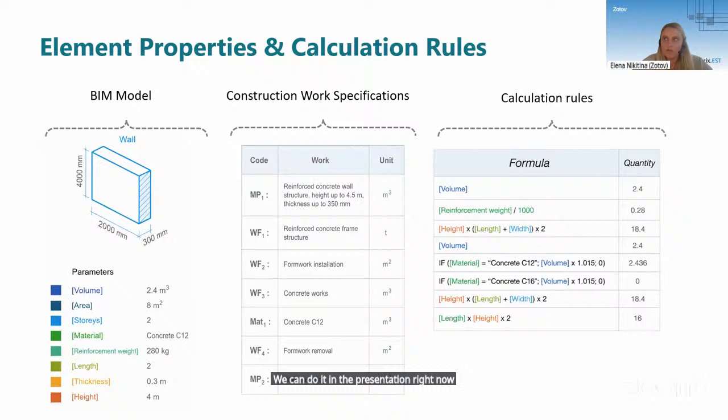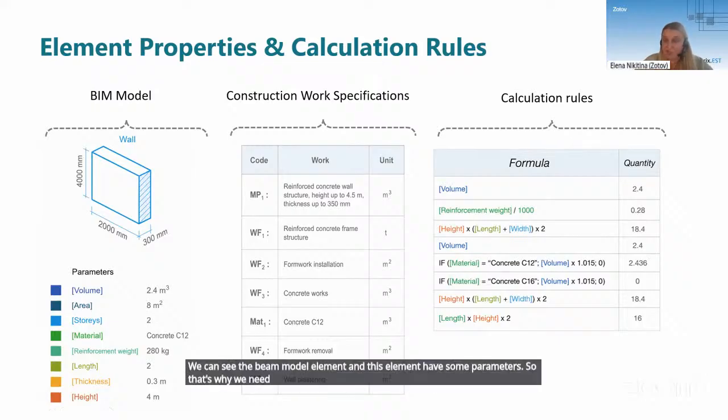We can see the BIM model element, and these elements have some parameters. So that's why we need the model adaptation.